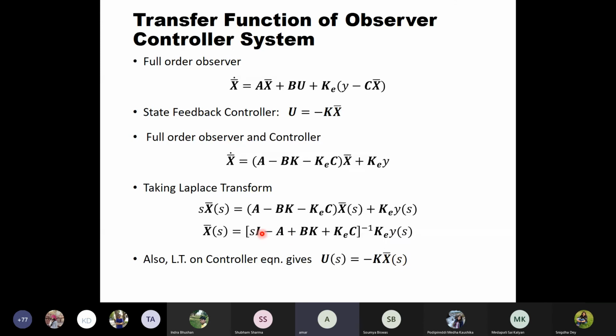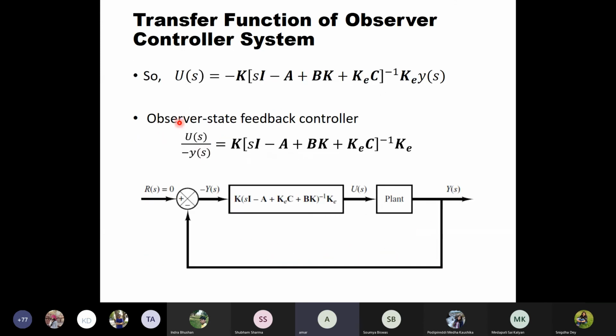And x bar(s) I replace by this expression. So U(s) will be given by minus K into the inverse of sI minus A plus BK plus KeC, into Ke into Y(s).